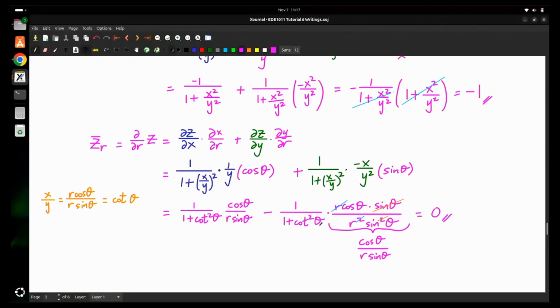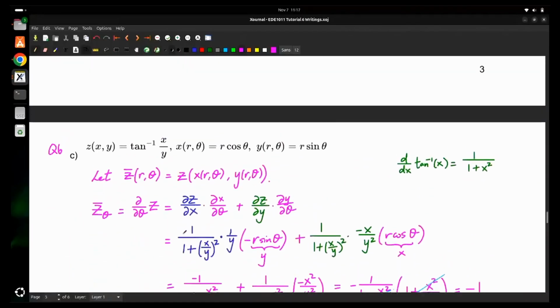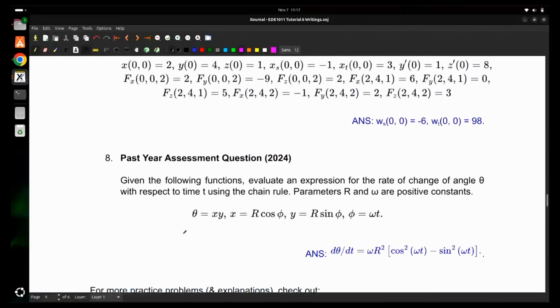Then the rest is just sub in the x and the y and then try to simplify. So this one is the arithmetic. The first part is more important because the first part cannot get wrong. Is that right? Okay. So this will be for question 6.